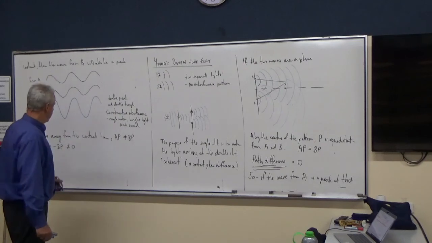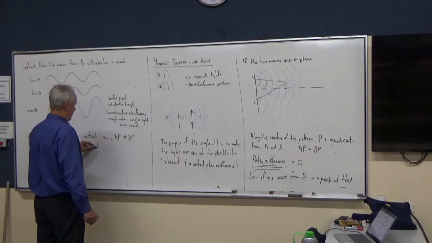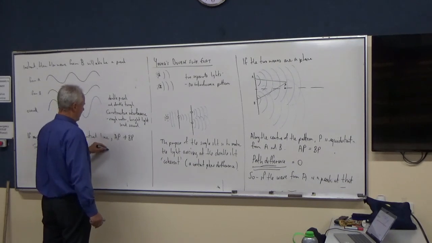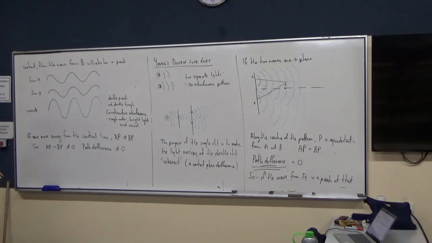So AP minus BP is not equal to 0. Path difference is not equal to 0.